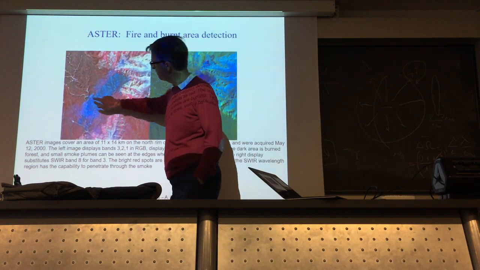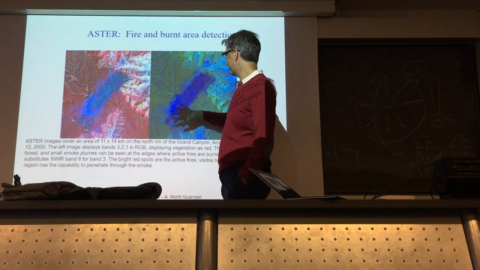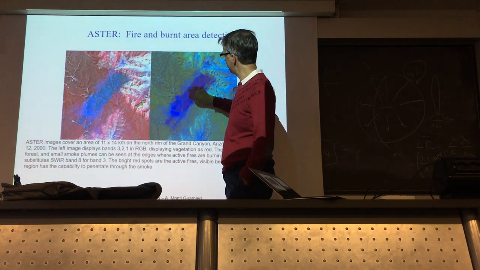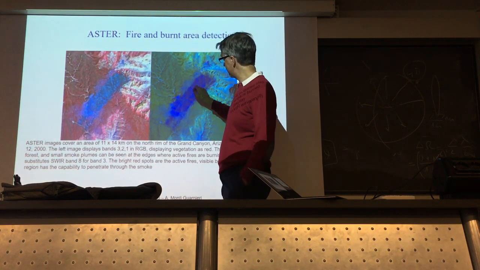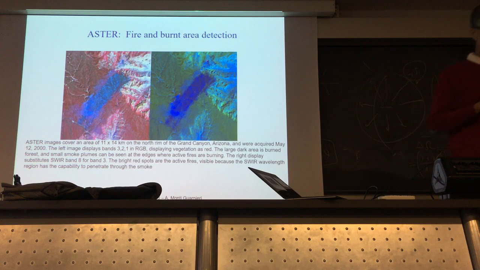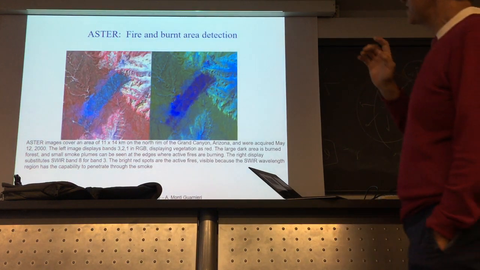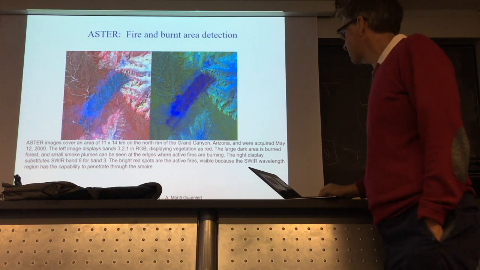Here you have more the effect of the smoke, you have less effect of the smoke, and you have more contrast on the burnt area and the good area. So sometimes you have to put the good combination of bands just to observe something and to cancel some other.